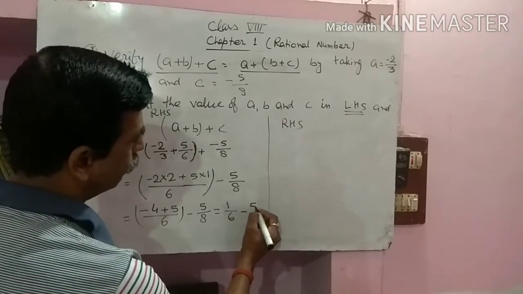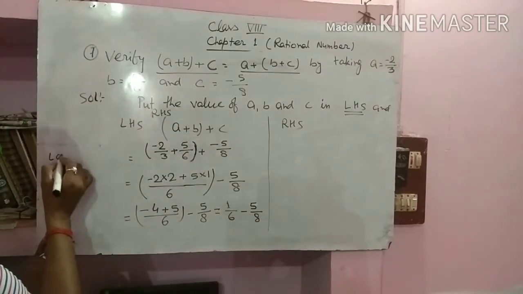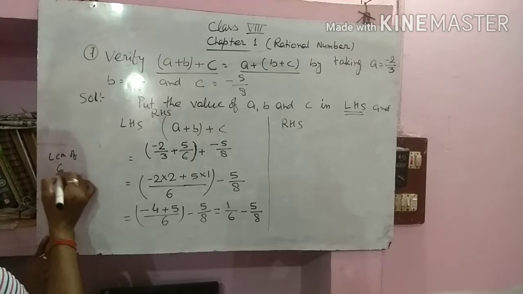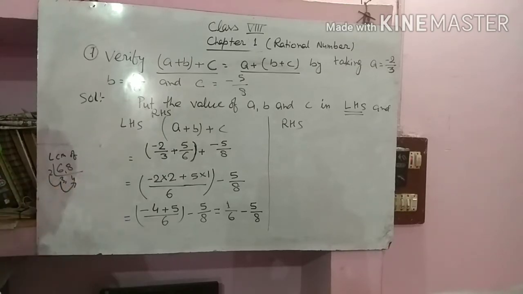Minus 5 by 8. So get the LCM of 6 and 8. 2 3s are 6, 2 4s are 8, 3 2s are 6, which is 24.